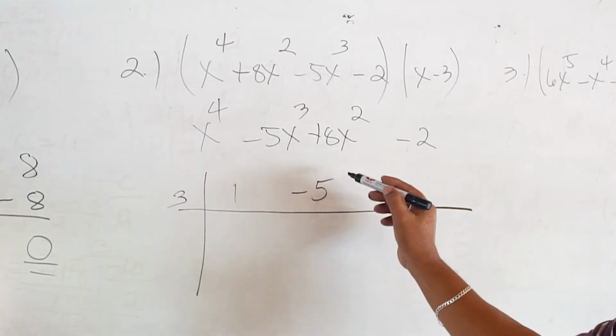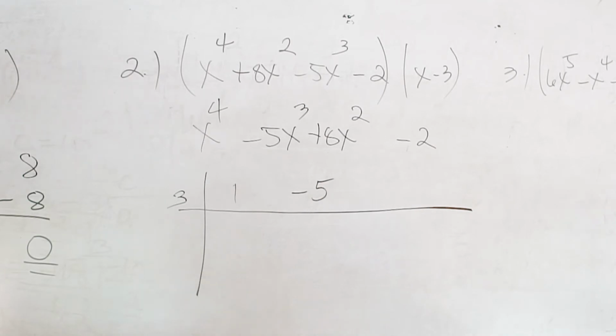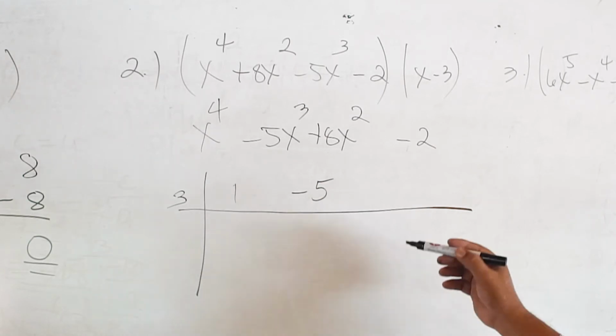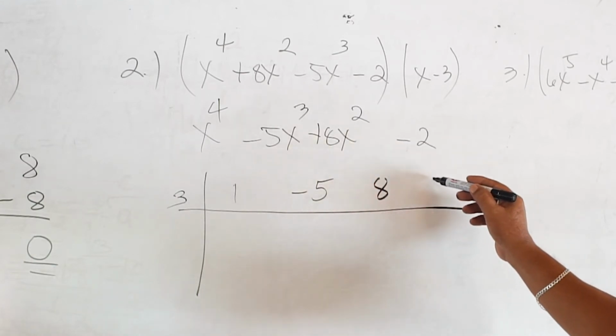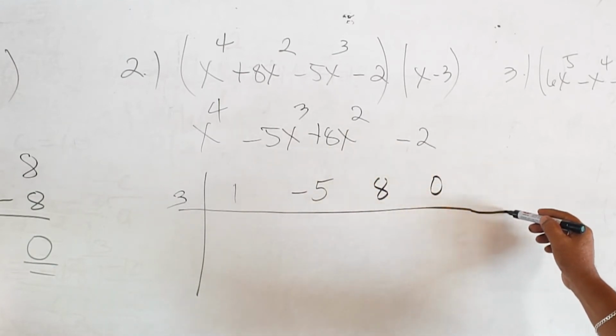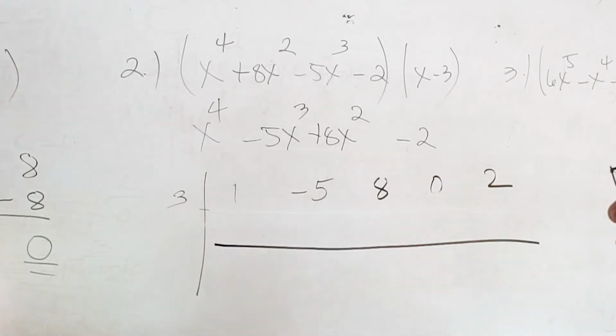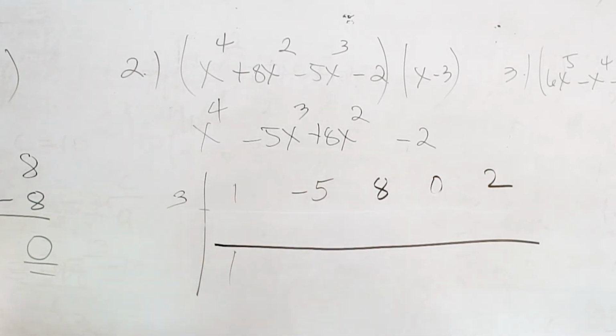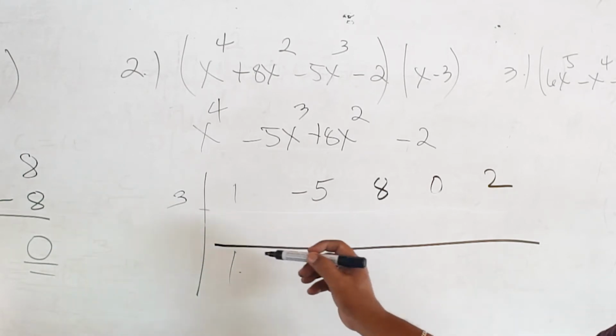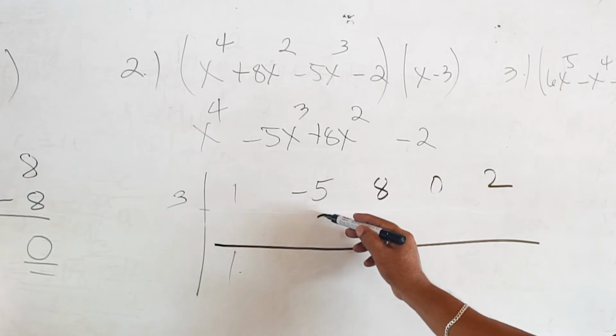Then the numerical coefficient of the third term is 8. Then next we have 0, then we have 2. Then simplify. Bring down positive 1. Next, multiply 1 times 3, so we have positive 3.